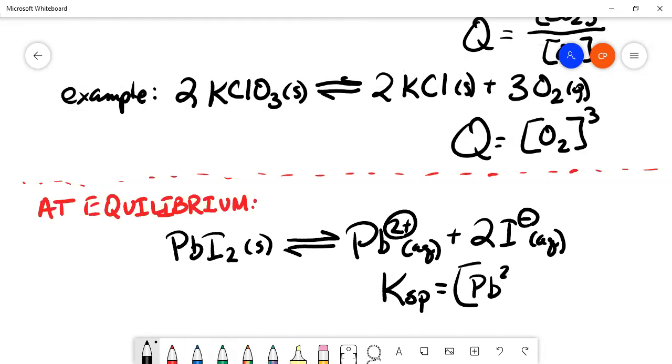What's the coefficient in front of Pb2+? Not terribly bothered about a 1 coefficient. And the other is I minus. What's the coefficient in front of I minus? So I better square it.